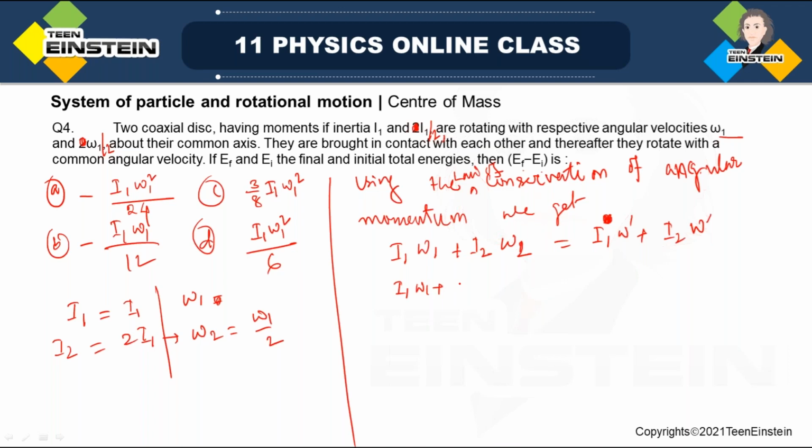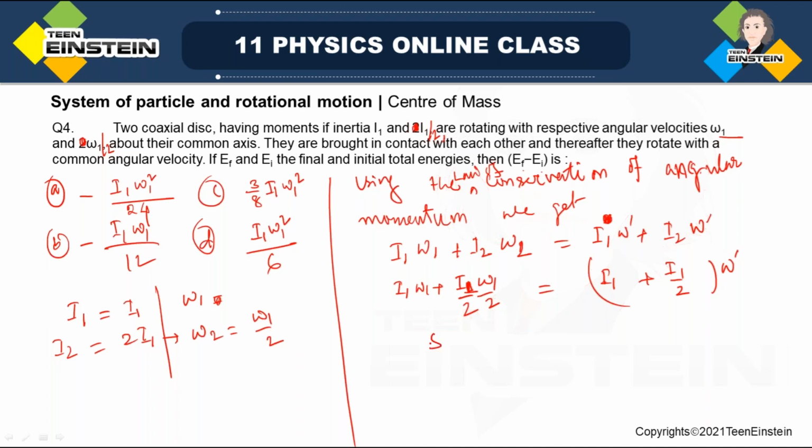Look here, I'll get the equation: I1 omega 1 plus I1 by 2 times omega 1 by 2 equals I1 plus I1 by 2 times omega prime. We can find out omega prime over here.